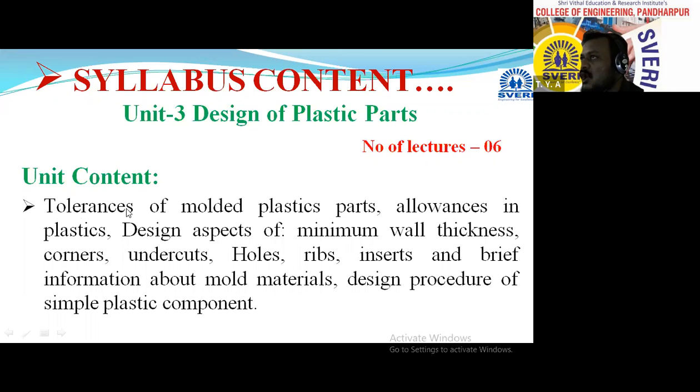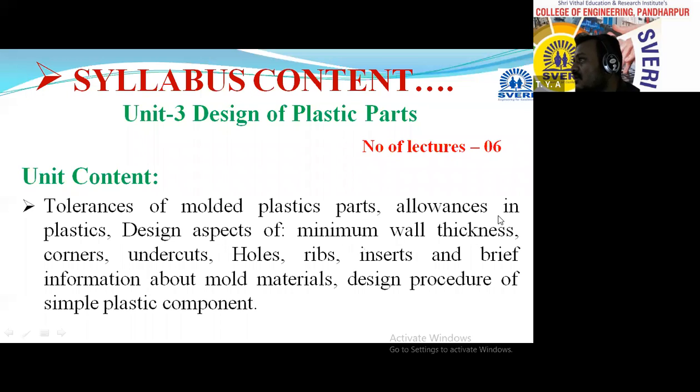The tolerances in the molded plastic parts, then which kind of allowances we are going to provide while manufacturing the plastic parts, then how to select the minimum wall thickness. This is a very important concept. This is the basic part of designing or manufacturing plastic parts.